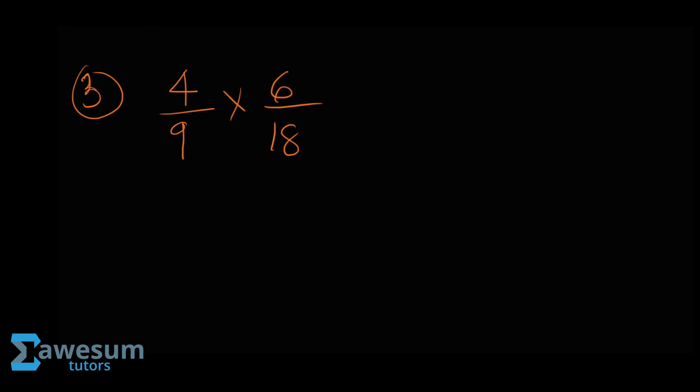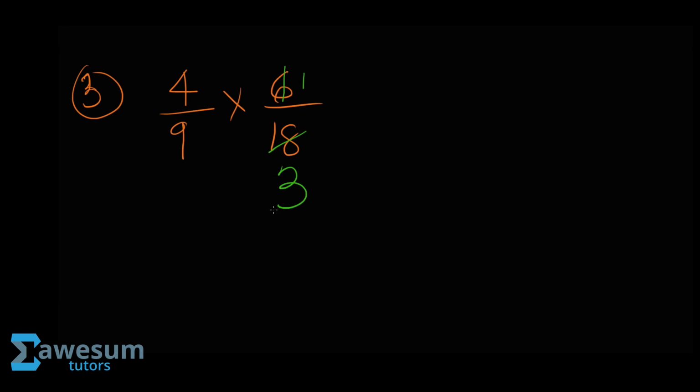If you take note of this multiplication, you realize that this is 6, this is 9, this is 18, and this is 4. So this is a numerator, is a numerator, and this is a denominator. 6 can go in 6. 6 can also go in 18, right? So I can look at this and I can say 6 here 1, 6 in 18 is 3, right?